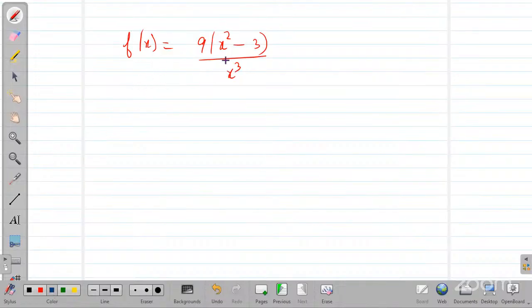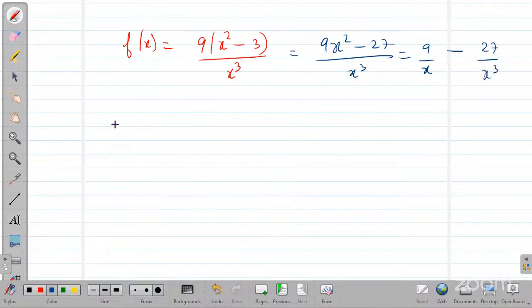So we'll do the first derivative. What can we do? We can expand here. 9x squared minus 27 over x cubed is equal to 9 over x minus 27 over x cubed. So differentiating these functions will be very fast.